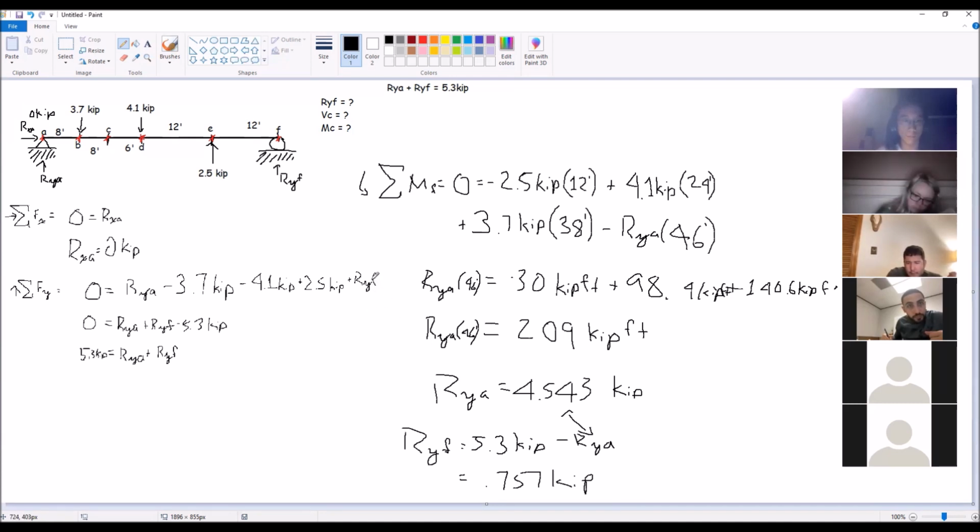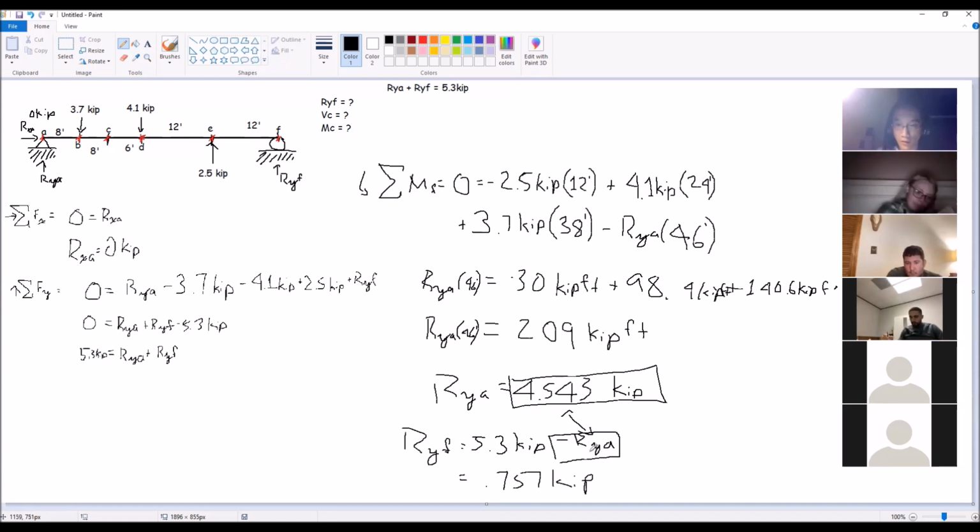Oh wait, I know you just switched out that 4.543, so that becomes negative right there. Yeah, so see how this is a positive term right here? We're subtracting RYA. So RYA is a positive term, right?